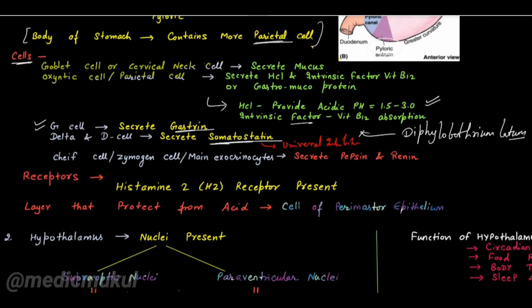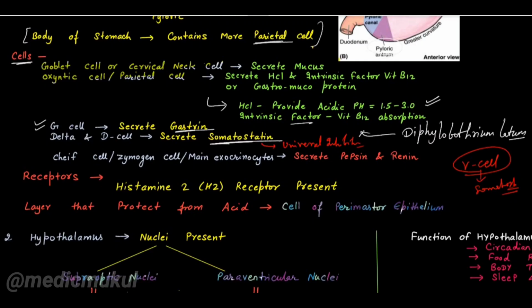Here in the stomach, the delta D cell produces somatostatin. In the pancreas, it is the gamma cell. When we study the hormones, I will tell you that the gamma cell produces somatostatin, which inhibits insulin and glucagon secretion. So somatostatin is our universal inhibitor.